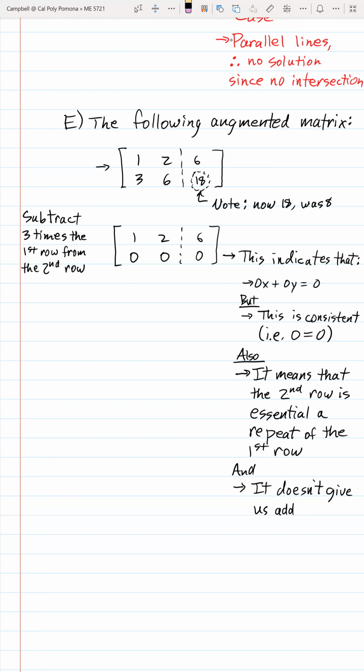It doesn't help in trying to lock in on a particular value, or trying to impose an additional constraint on the problem.